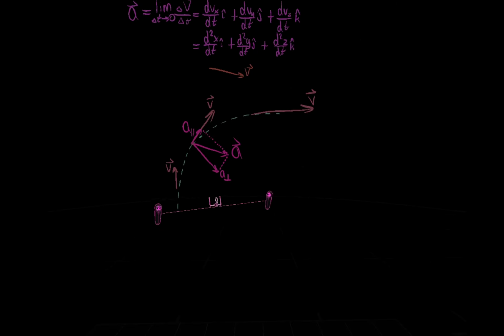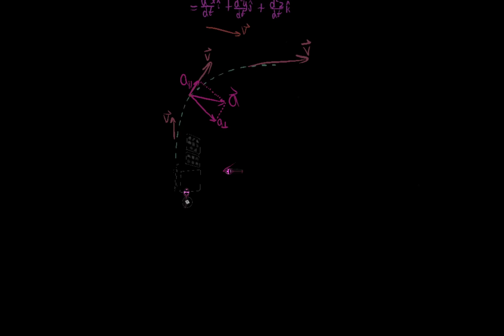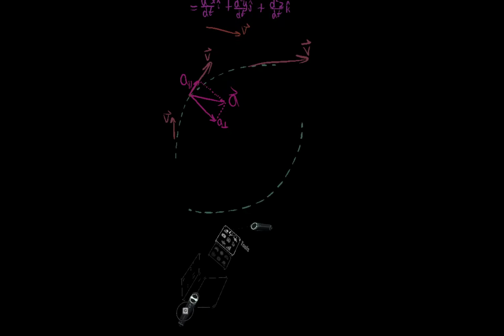What if we had a particle that was going on this curved path, and it was slowing down? So velocity vector here, very fast. Velocity vector, very large.